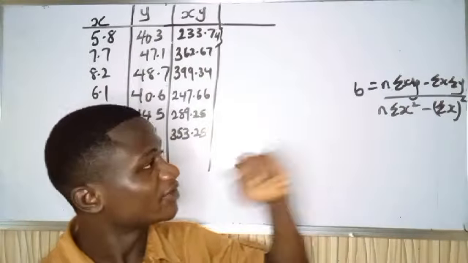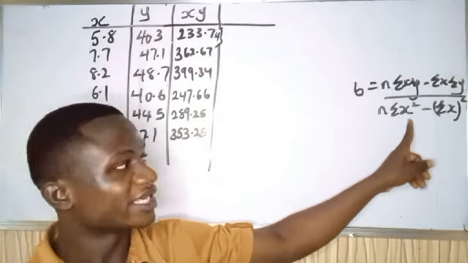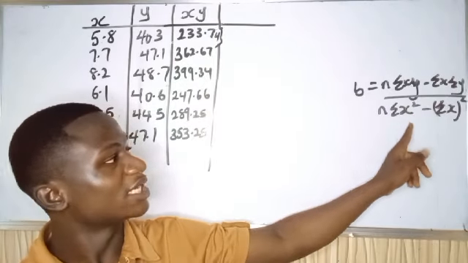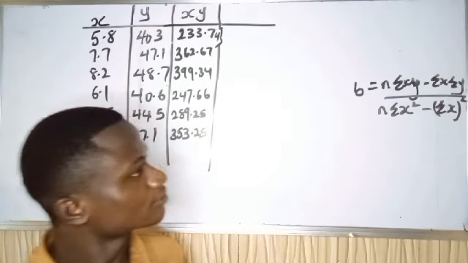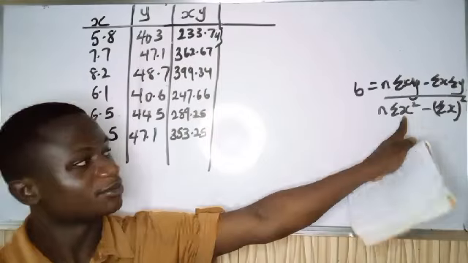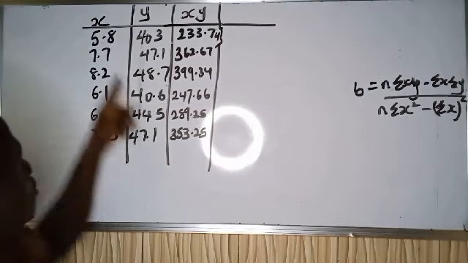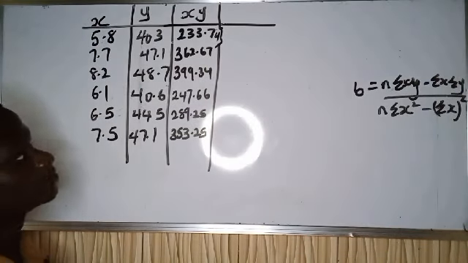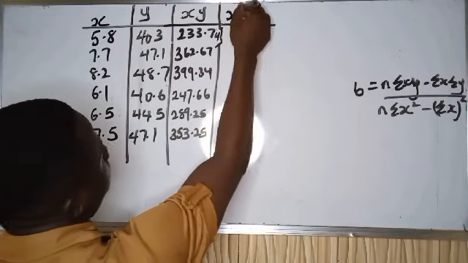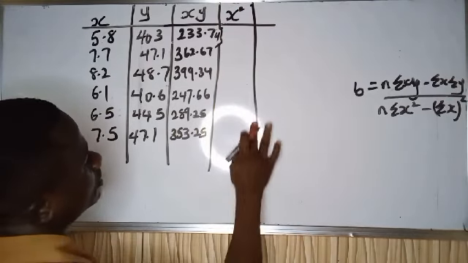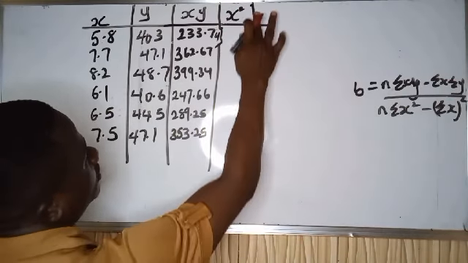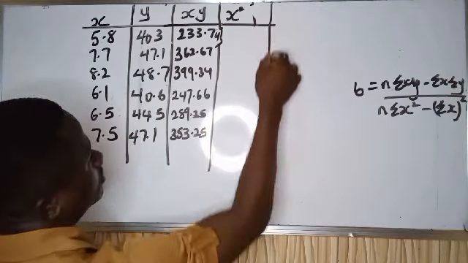The next one is to find, you see that we still have summation x squared. So we need to find x squared. We are going to square all x variables. Now let's make a wider space for x squared.